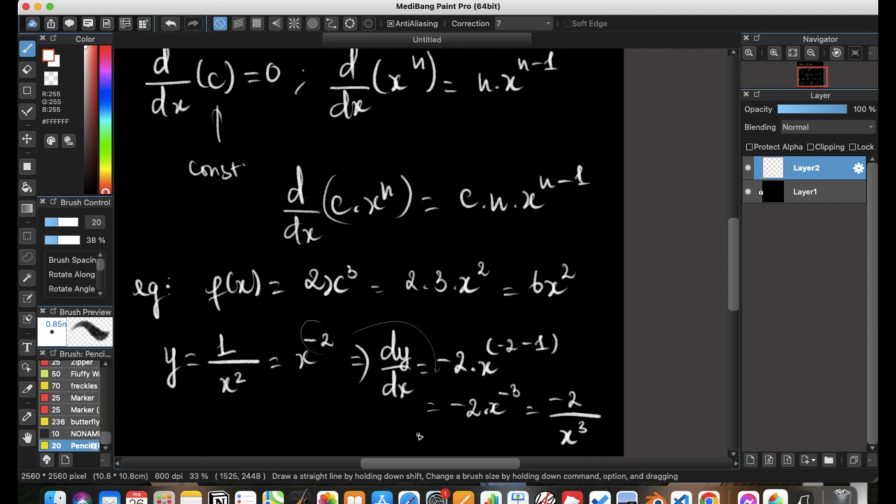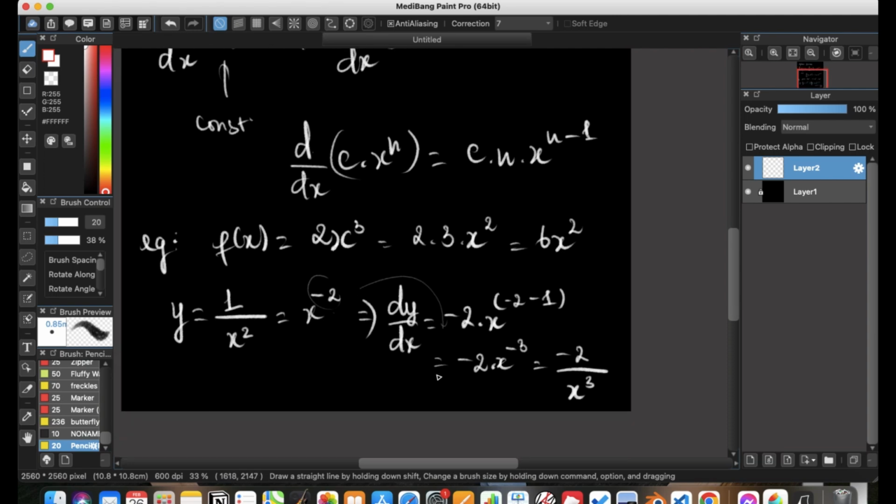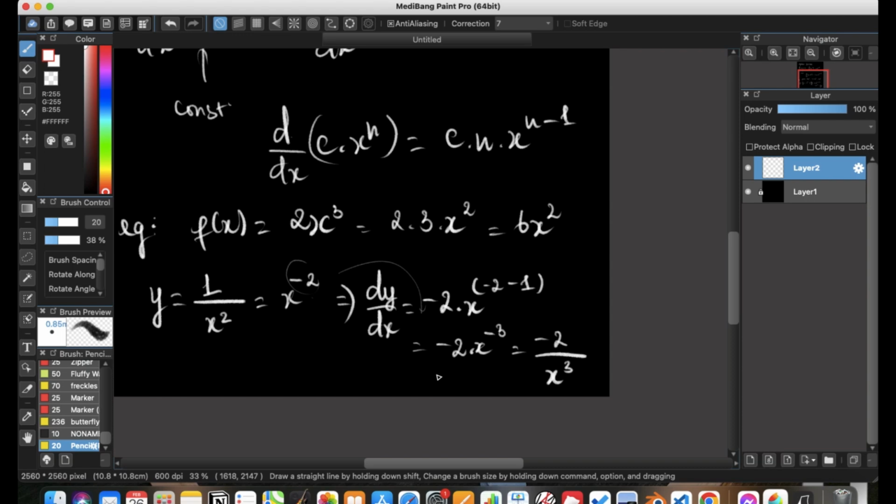So take a look at this. If they want you to find dy over dx, let's say at x equals 0, and you see that if you throw 0 in here, it just simply does not exist, right? Does not exist.